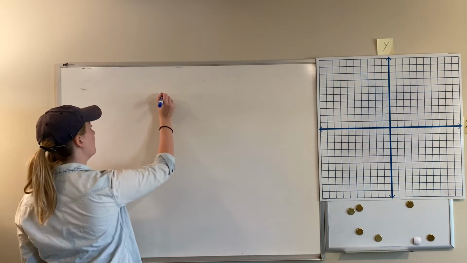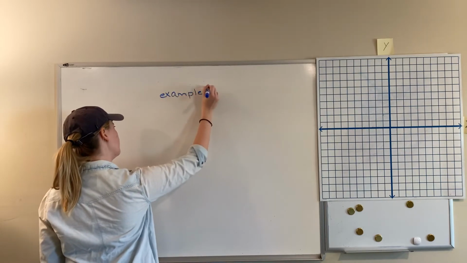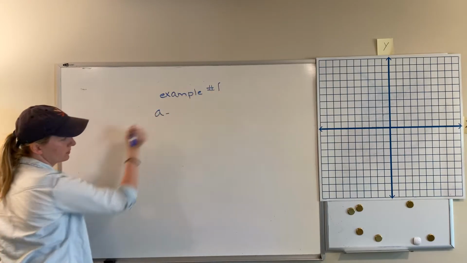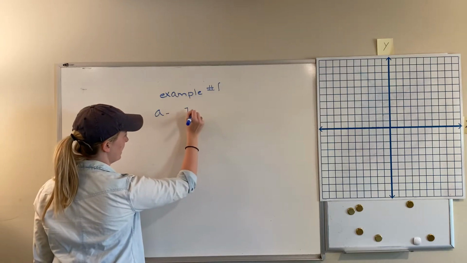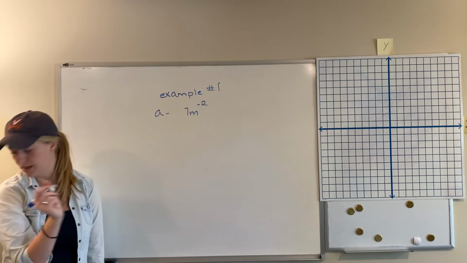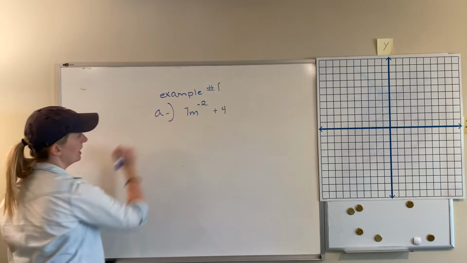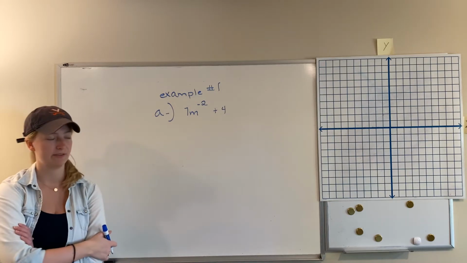Example A. We have the expression 7m to the negative second plus 4. And our job is to say whether or not this is a polynomial. If it is, classify it.